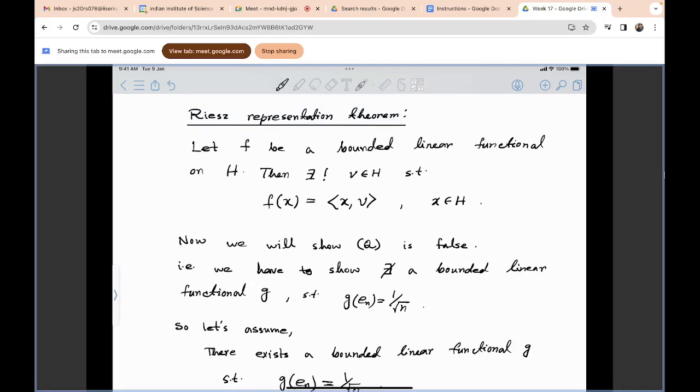The extra thing we get is that the norm of f is given by the norm of v. So if we use this, then we do not need the Bessel inequality.